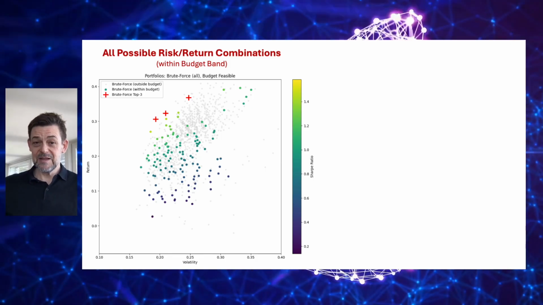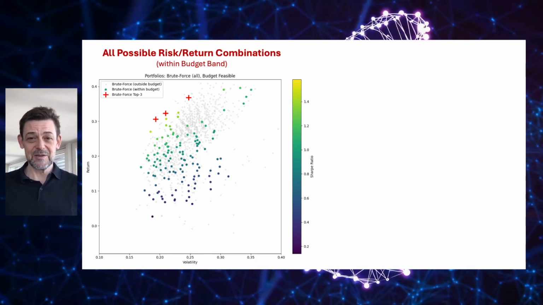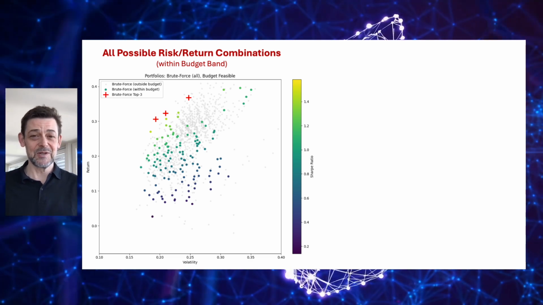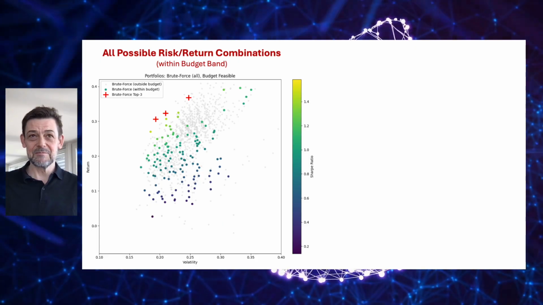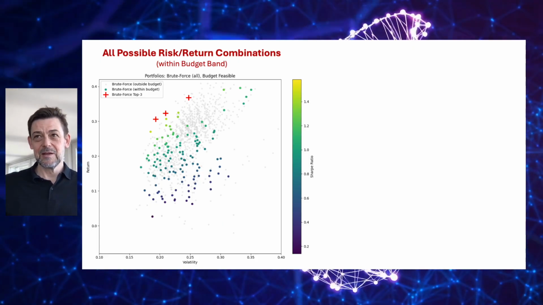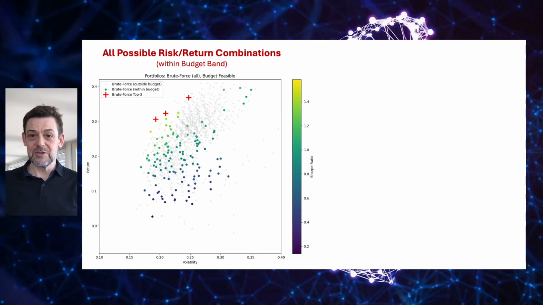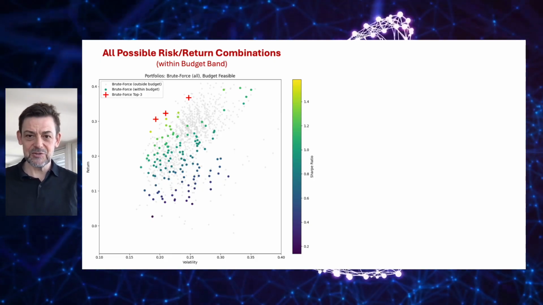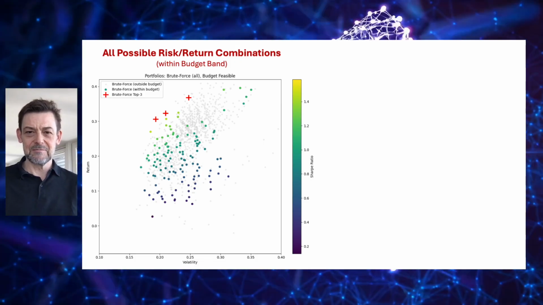The budget bandwidth has been set to $800 US plus or minus 20%. The colored ones are within the bandwidth and show the value of the Sharpe ratio for it. The more yellow it is, the better is the Sharpe value, and with that, the portfolio efficiency. As you can see, there are two areas of in-budget portfolios to scan.